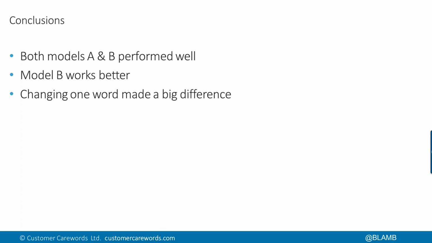Changing one word made a big difference to our results, and that's something that we see in this type of testing, in this type of process, is making a one-word change can make a big difference, and that can be incredibly significant if you're talking about changing top-level classifications or navigation categories for big groups of tasks.